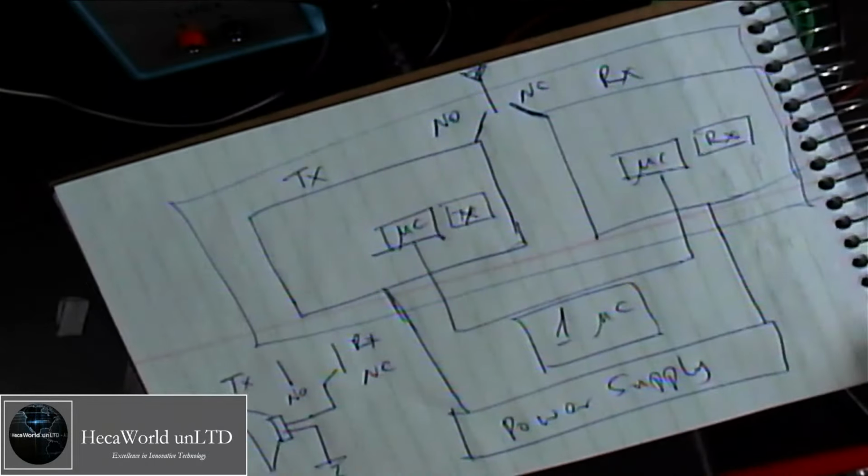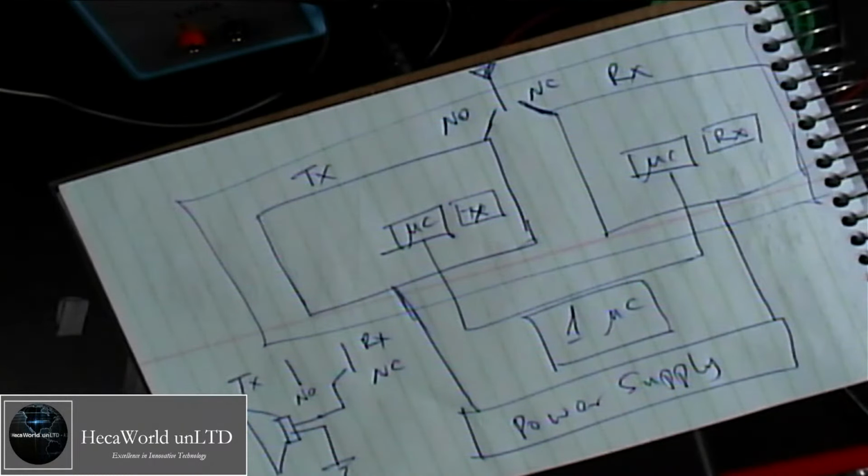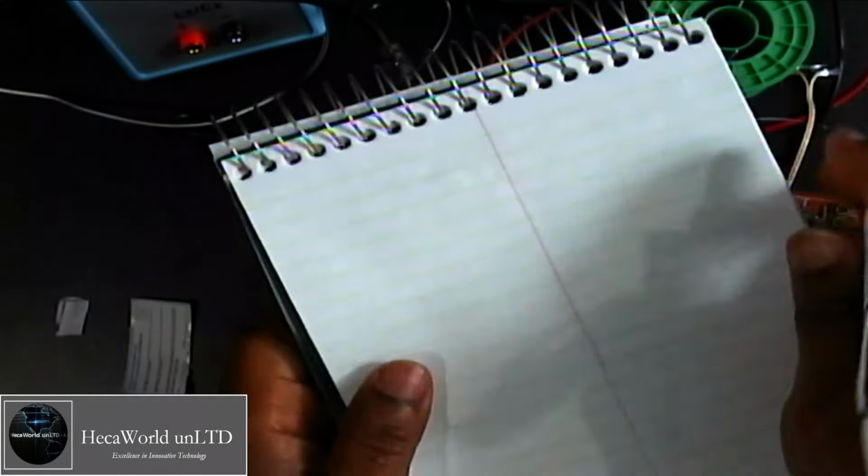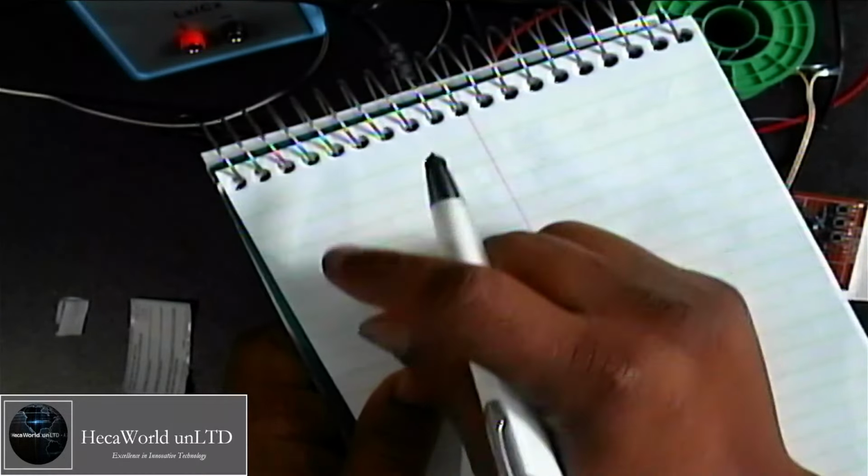You can find other things that you can commonize. Here, you can also use the same switch to tune between transmit and receive. But when you write your code for the microcontroller, you can write it in such a way that when you're transmitting on a particular frequency, your receiver is stationary.